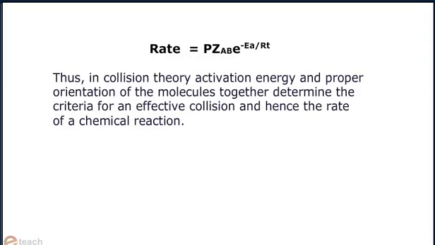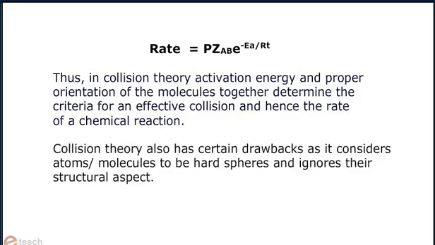Thus, in collision theory, activation energy and proper orientation of the molecules together determine the criteria for an effective collision, and hence the rate of a chemical reaction. Collision theory also has certain drawbacks, as it considers atoms or molecules to be hard spheres and ignores their structural aspect.